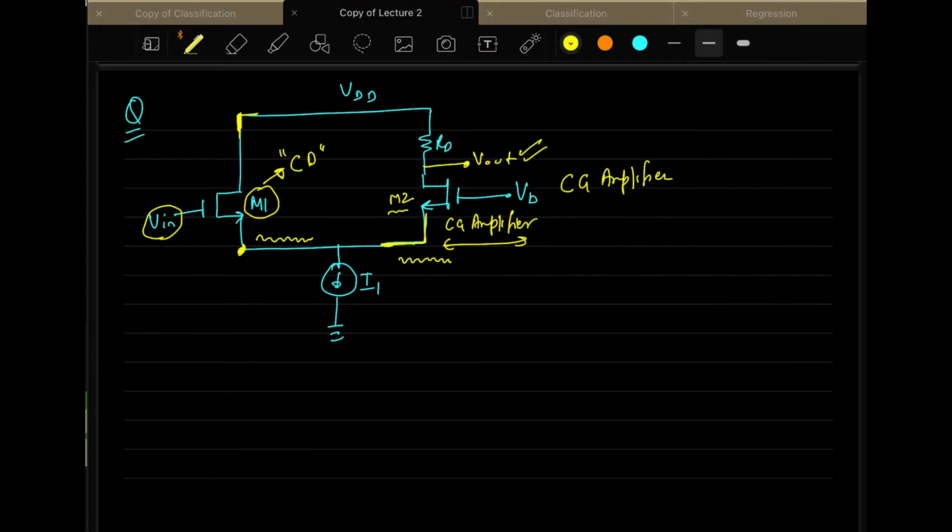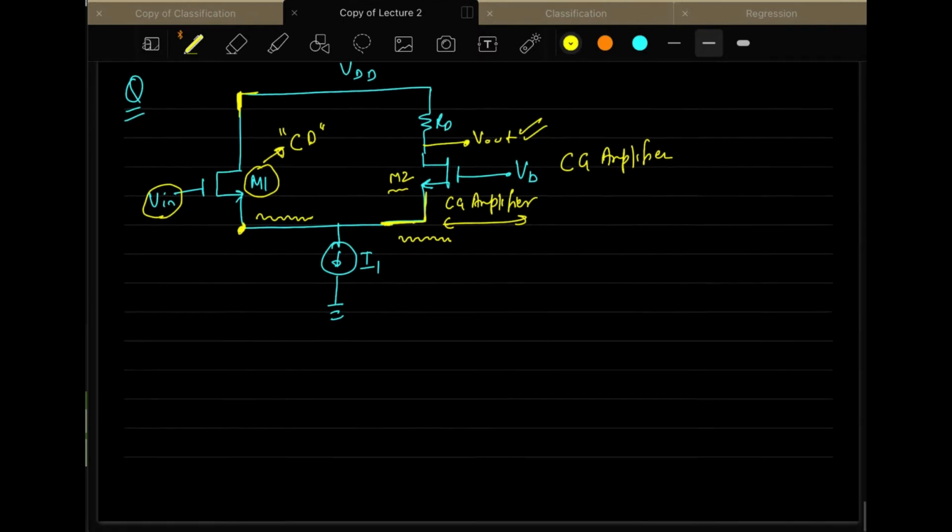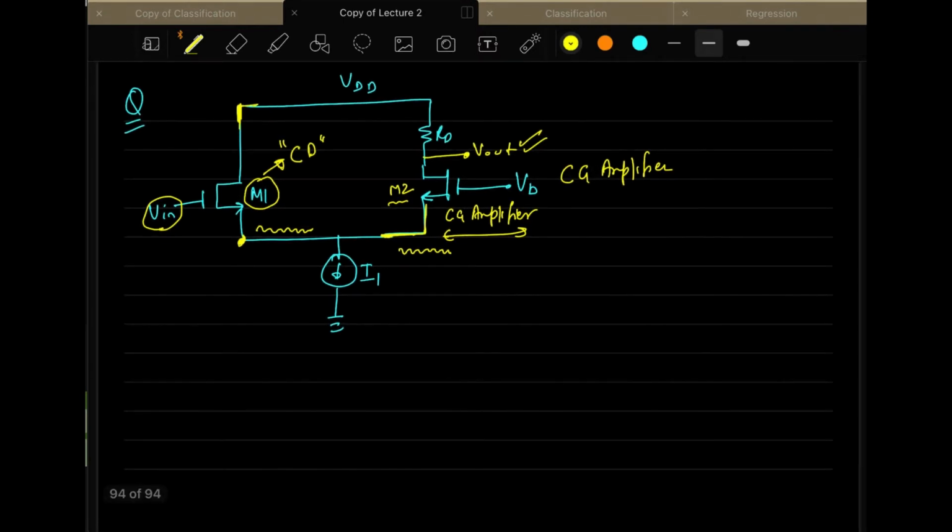But now let us calculate the voltage gain for this particular circuit. To do that, you can take a small signal equivalent of this. RD is grounded because VDD is a constant voltage, and in small signal analysis VDD will be ground.